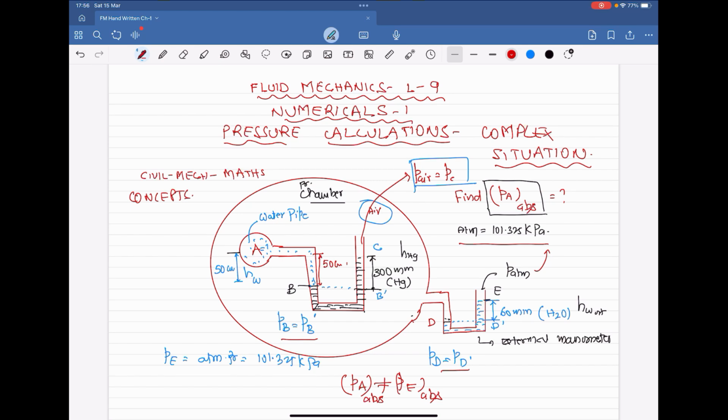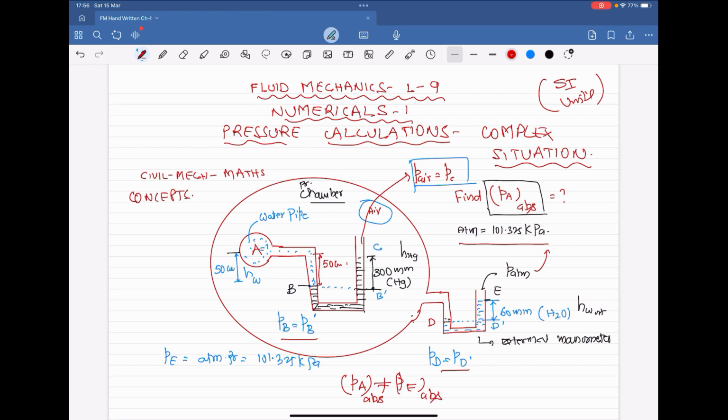We are doing our calculations in SI units only, because in almost all the examinations of UPSC and SSC, SI units are used and they are mandatory now. In SI units, the value of atmospheric pressure is 101.325 kPa.